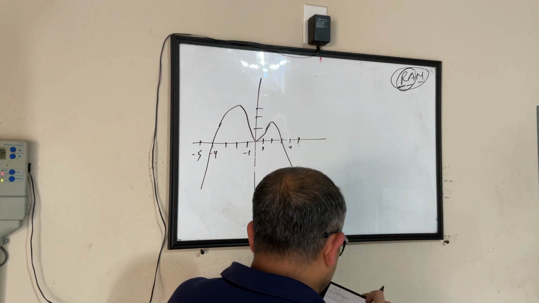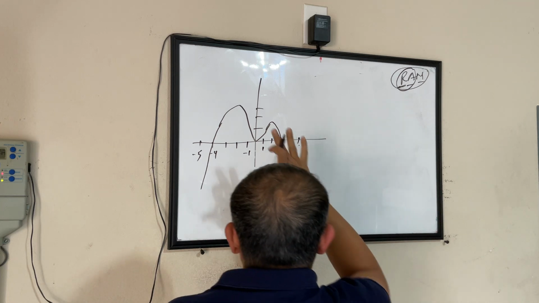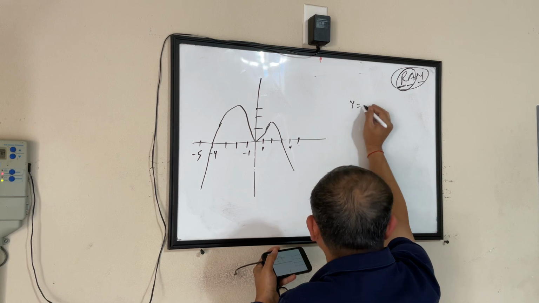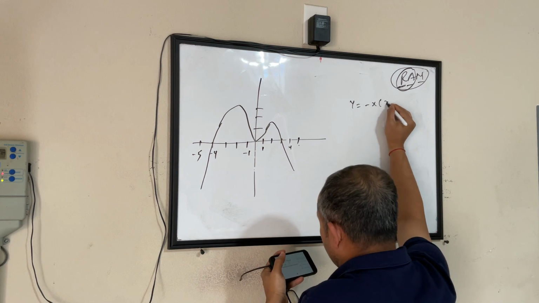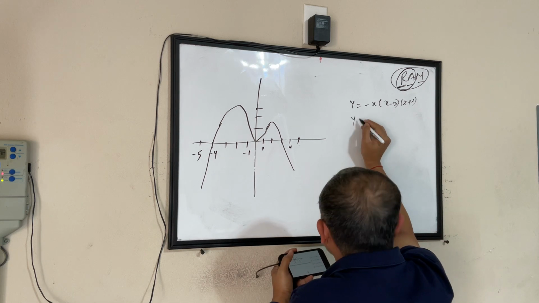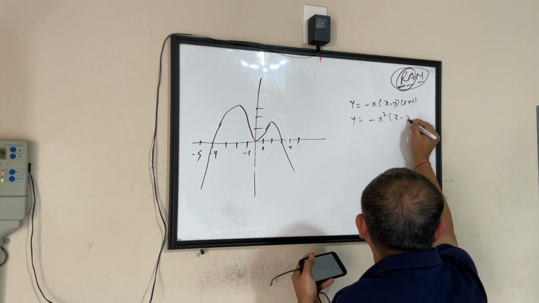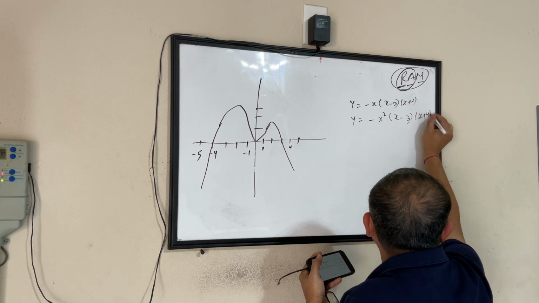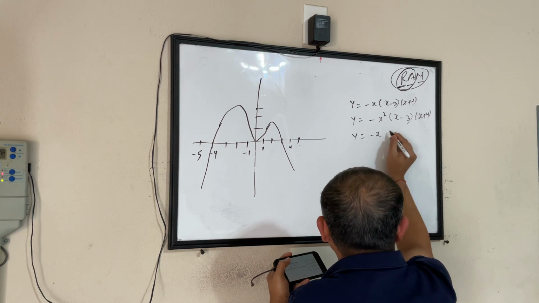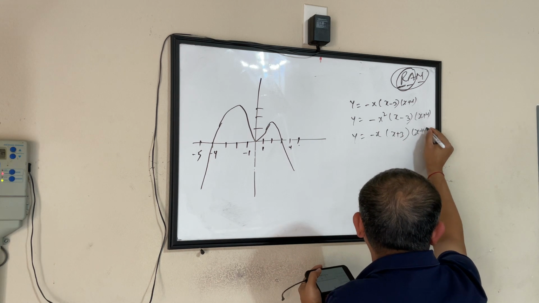Then it says which of the following could be the equation of the graph above. So this is the graph. It has given 4 equations. Y equal to minus x into x minus 3 into x plus 4. Y equal to minus x squared into x minus 3 into x plus 4. Y equal to minus x into x plus 3 into x plus 4.